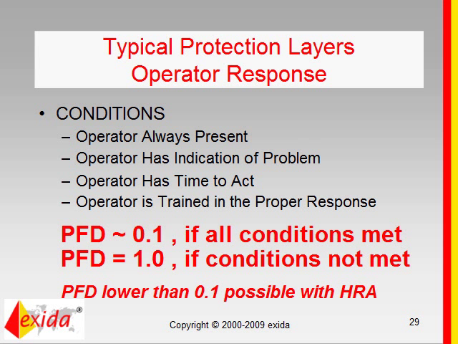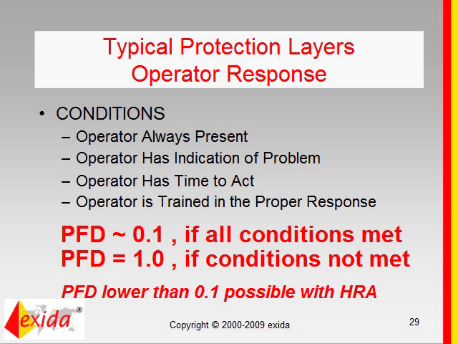If the rest is met, but the operator doesn't have enough time to react, then simply the probability of failure is equal to 1. You could go lower than 0.1 probability of failure if you do a detailed human reliability analysis. In the process industry, I would advise against that.